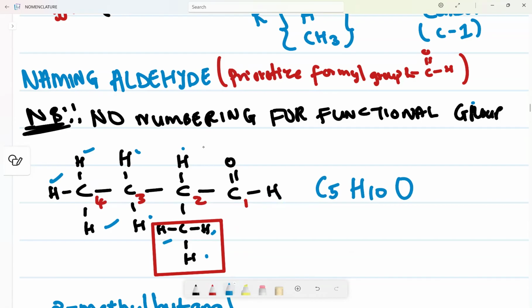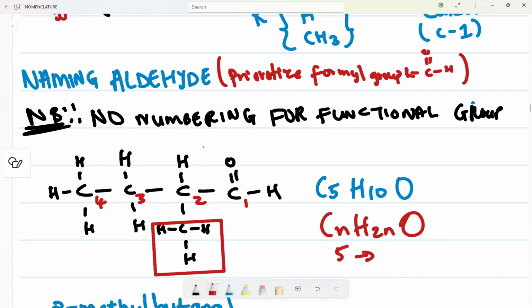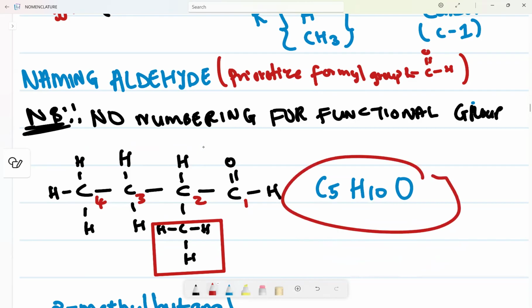Does it follow the rule? Yes, it follows the rule. Because for every one carbon, I have double of that in hydrogen, then oxygen. How many carbons do I have? I have 5. Then I will have double of hydrogens. 5 times 2 is 10. Then it means it is correct. Okay? This is the molecular formula thereof.